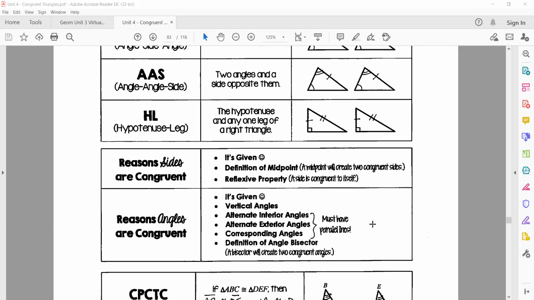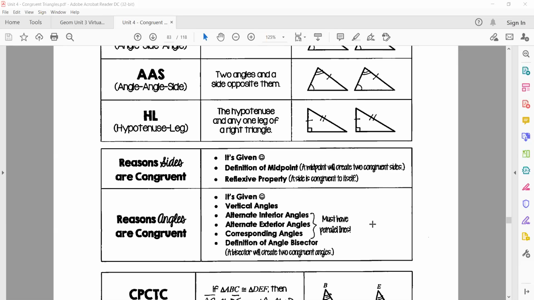So if you're struggling with the transversals stuff in Unit 2, maybe this will help make it more clear. The last bullet point there says definition of angle bisector. Hopefully you know what an angle bisector is. Another one of those early definitions.